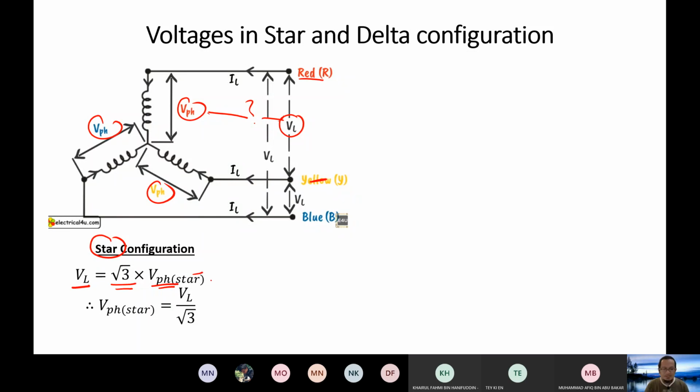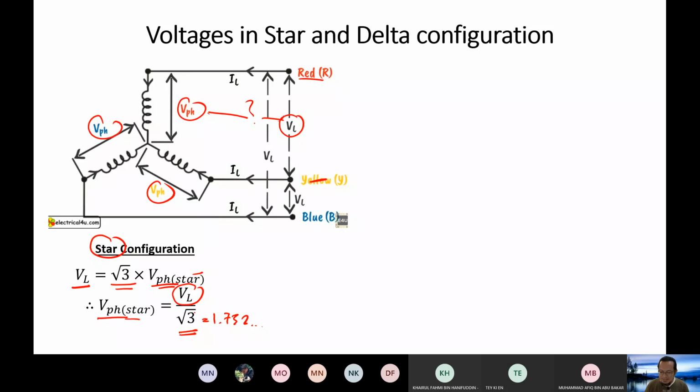So the voltage across each winding for star connection will be the fixed line voltage divided by root 3, which is around 1.732. Meaning the phase voltage will be less than the line voltage.